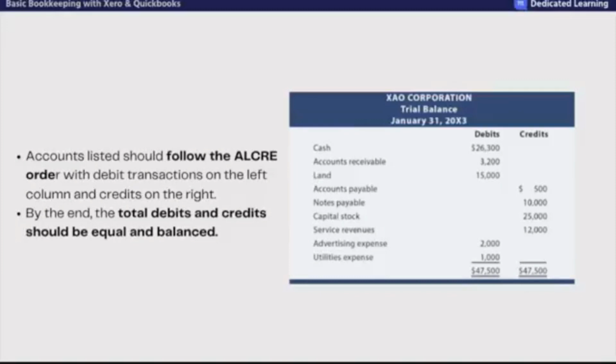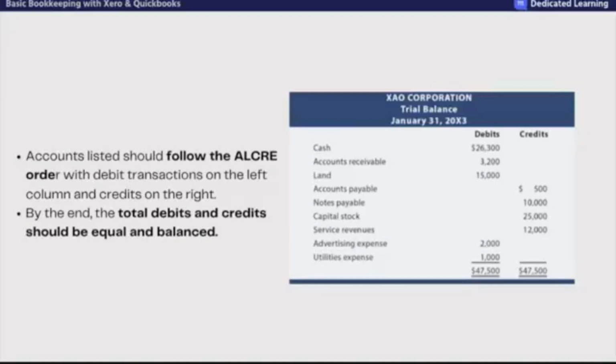Just take note though, friends, that the trial balance is just one factor in determining the accuracy of your work. A trial balance is not a 100% guarantee of correctness, because there's also human error involved, right? Such as forgetting to record certain transactions.